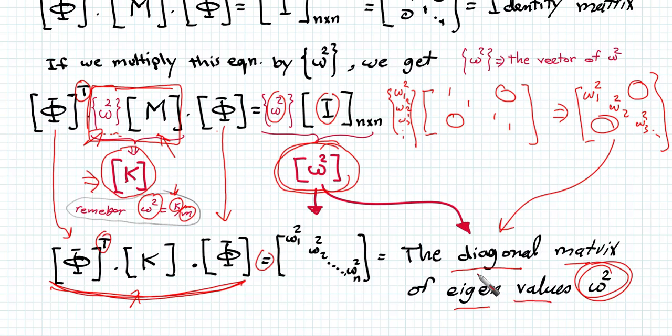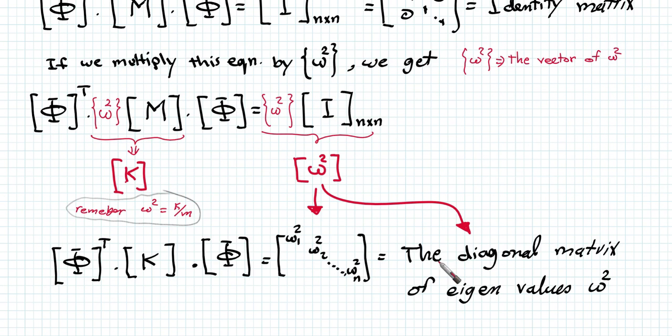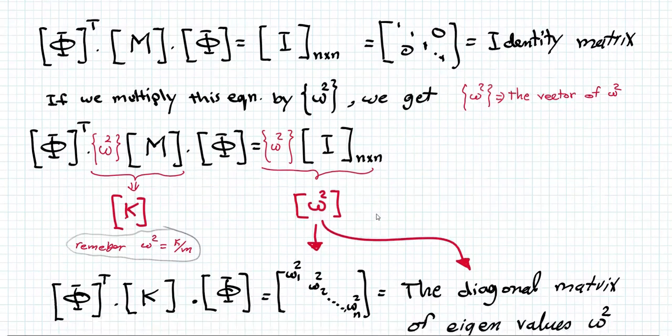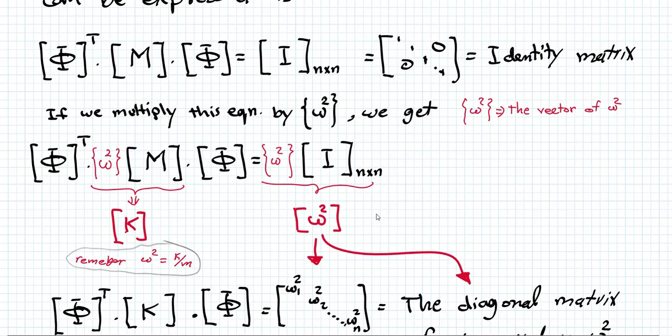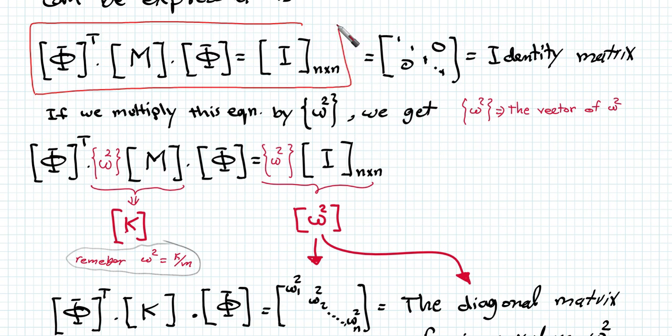Now we can end up with something that is interesting for us. Whenever we have the modal matrix, we need to remember something: this equation is going to give us the identity matrix.